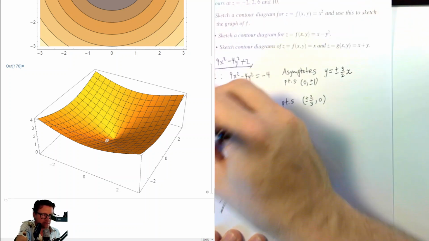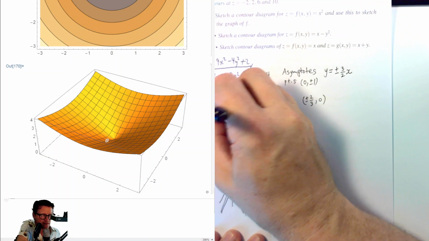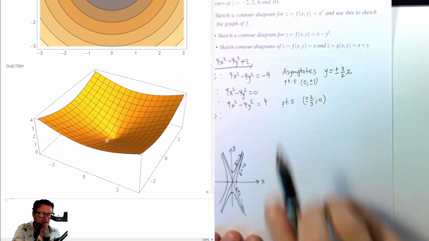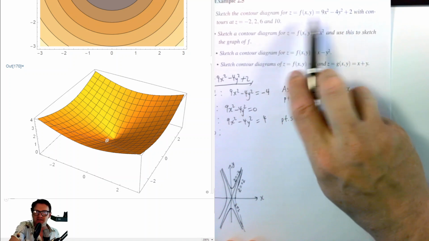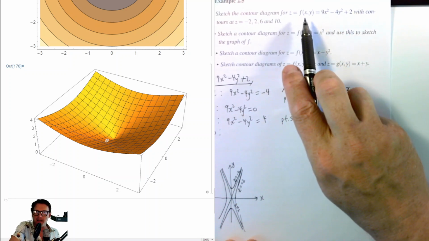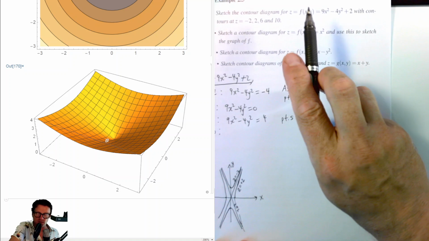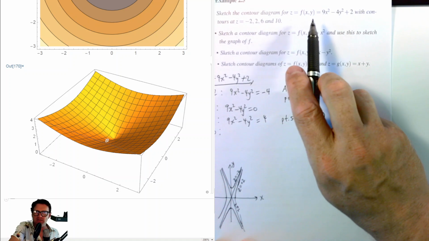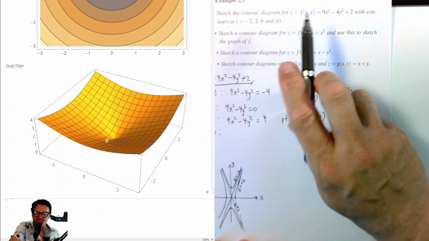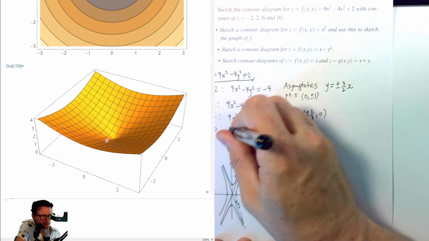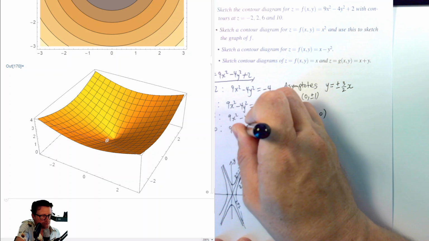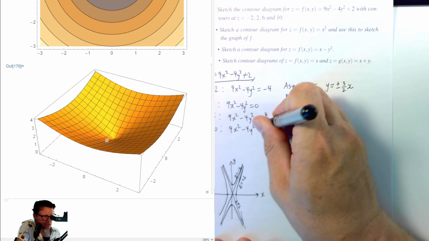Okay, now the last one there is z equals 10. So when z is equal to 10, if we have 10 on the left-hand side of this equation, taking that 2 over gives us minus 8, doesn't it? So, is that right? No. Plus 8. 10 minus 2 is 8. Okay. So 9x squared minus 4y squared equals 8.